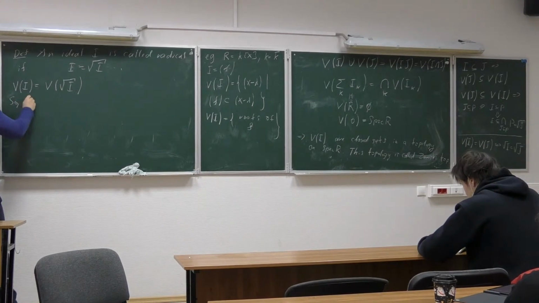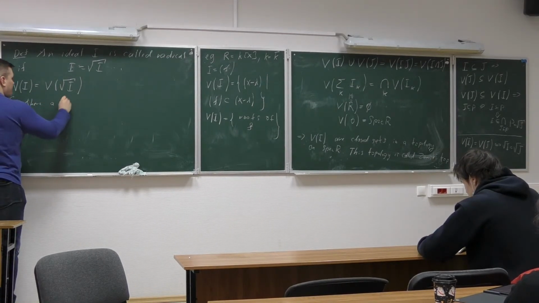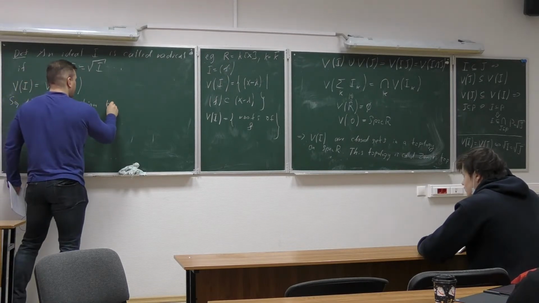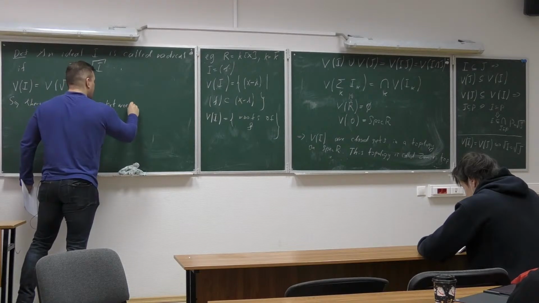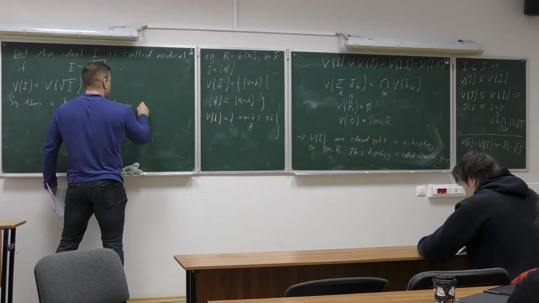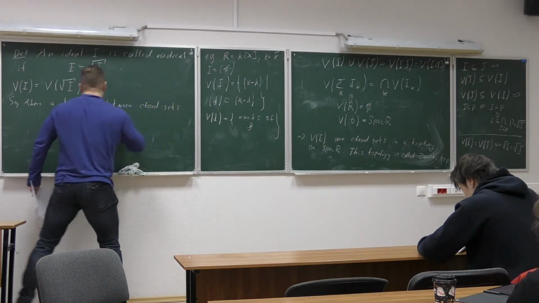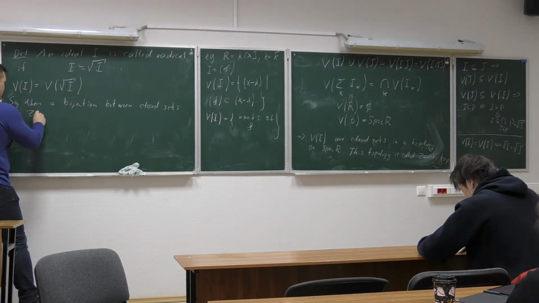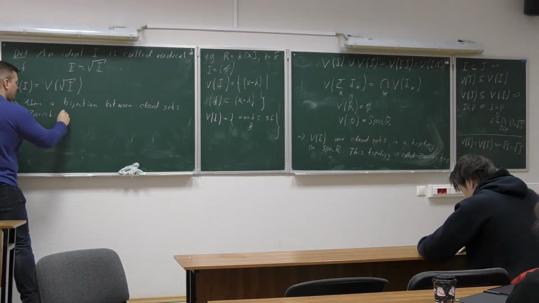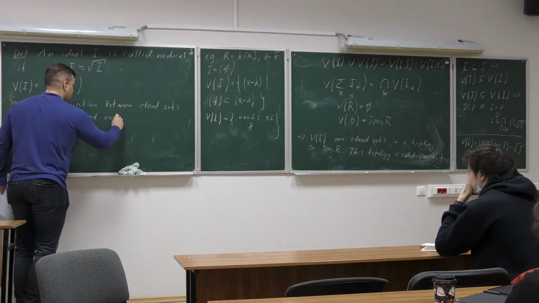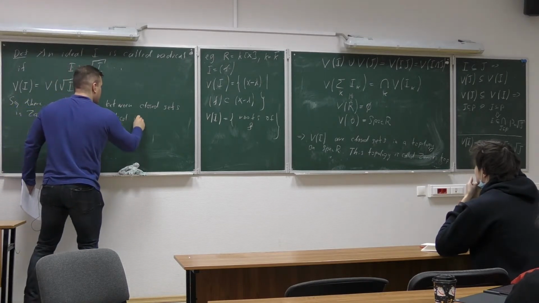So there is a bijection between closed sets in the Zariski topology and radical ideals.